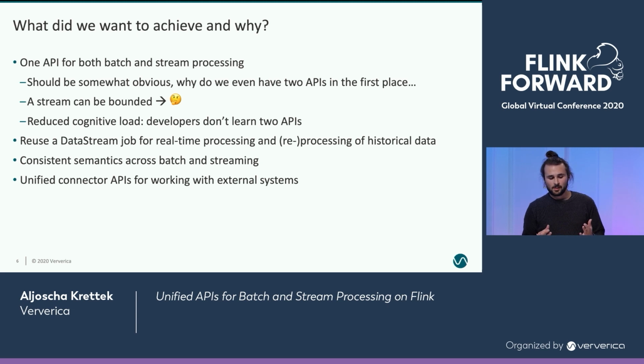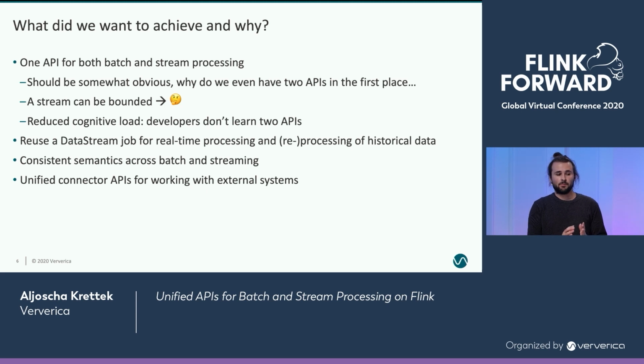And a data stream in the DataStream API can be bounded, and you can write bounded programs using the DataStream API. Some of you have probably done that in tests or other cases. So that's a very obvious thing that would also reduce the cognitive load for users of Flink. If you only have one API that you need to learn instead of two, that's quite a bit simpler.